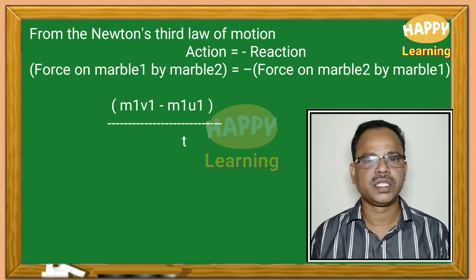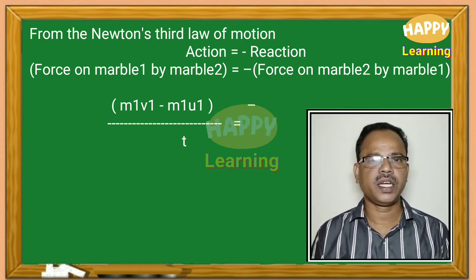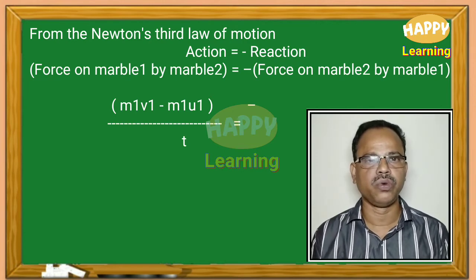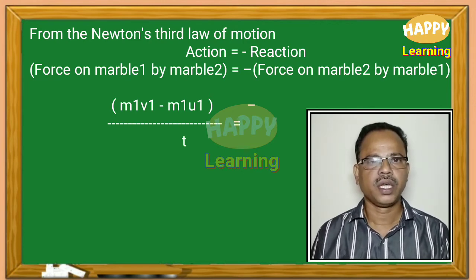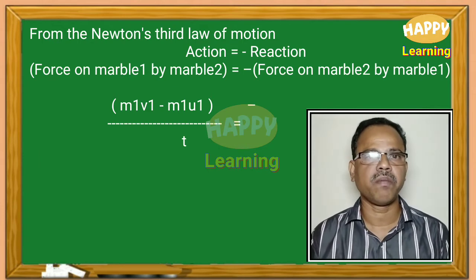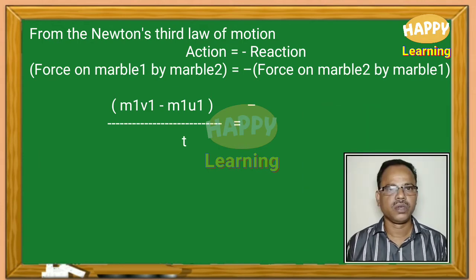m1 v1 minus m1 u1 divided by t, that is equal to minus of, on the right hand side, force on marble 2. Force on marble 2 means rate of change of momentum of marble 2. So bring the value from the table.